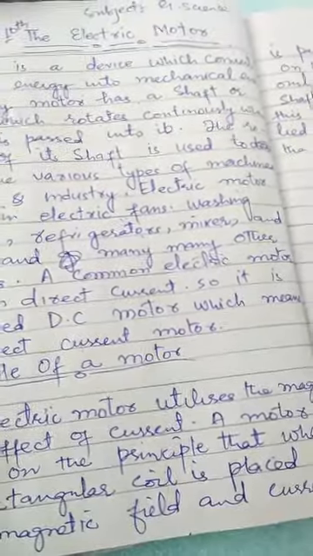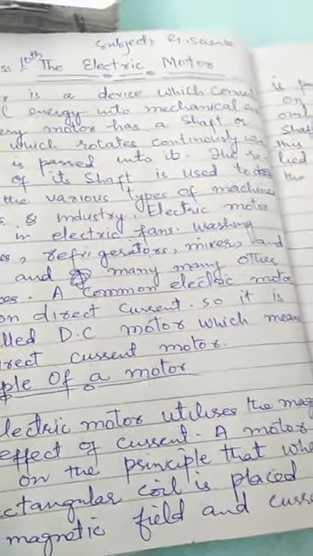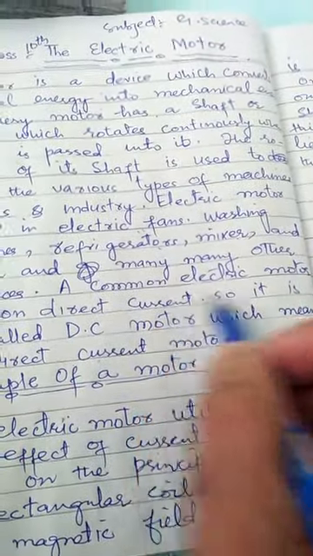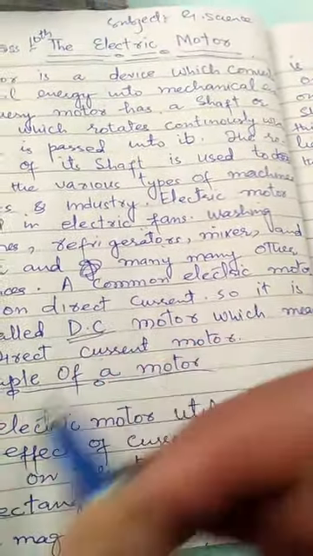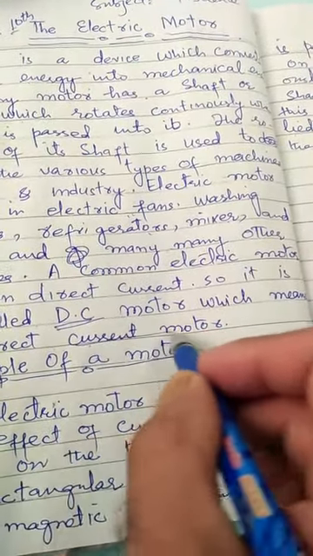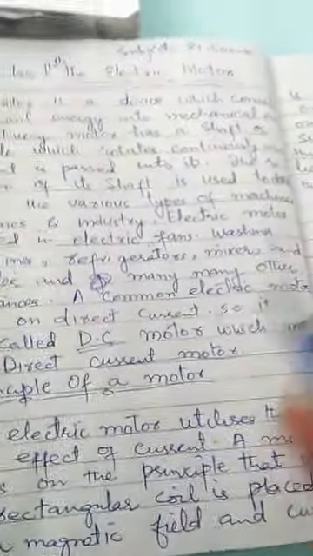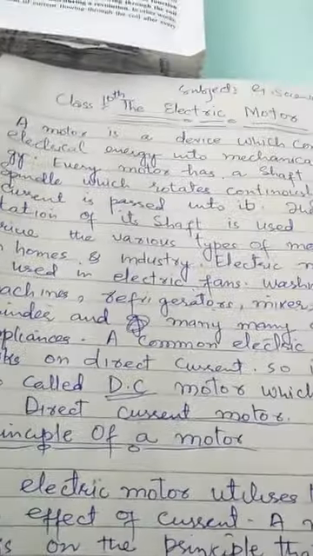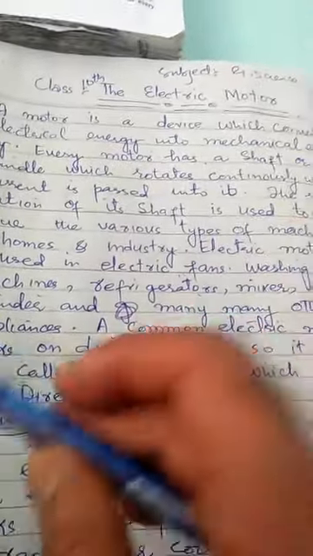A common electric motor works on direct current, so it is called a DC motor, which means a direct current motor. This motor is a device which converts electrical energy into mechanical energy.